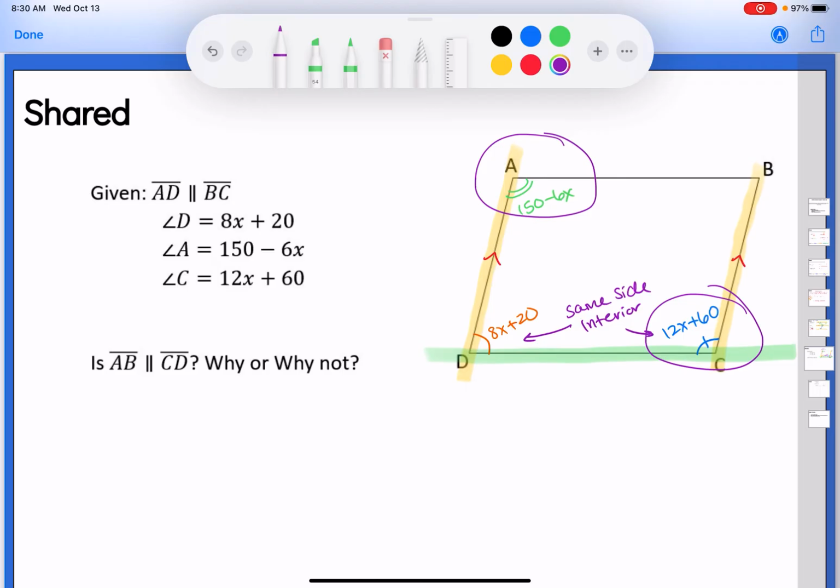And there is not a single line that both of those angles touch. So there is no transversal, so those are not alternate interior angles. These, however, are both touching that green transversal of DC. So those are same side interior angles, which means that they add up to 180. And I know that for sure because I know that line AD is parallel to BC.